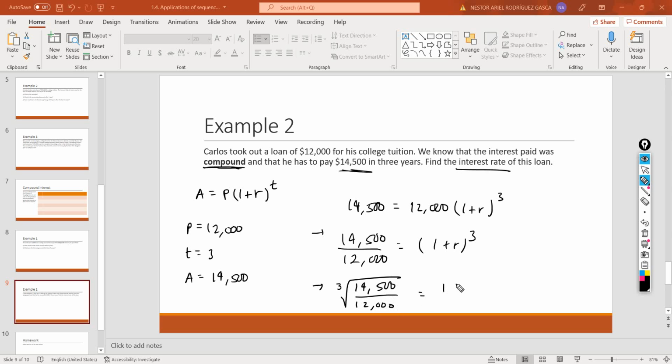That's going to be equal to 1 plus r. And eventually, r will be equal to the cubic root of this fraction minus 1.